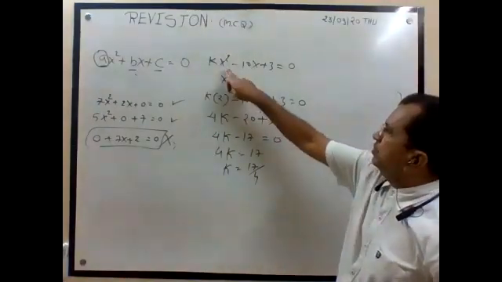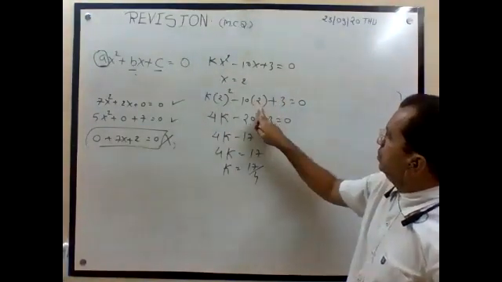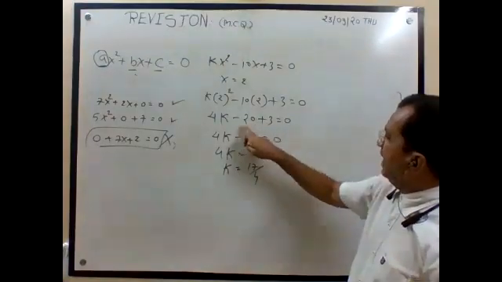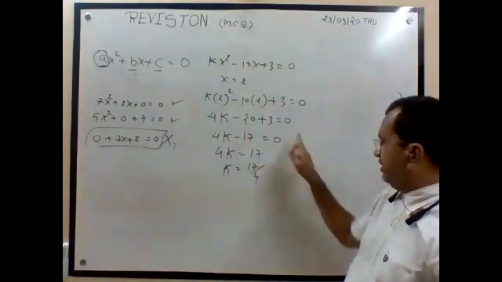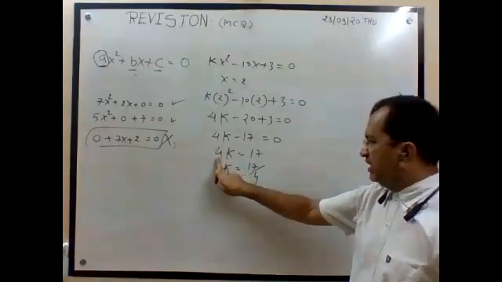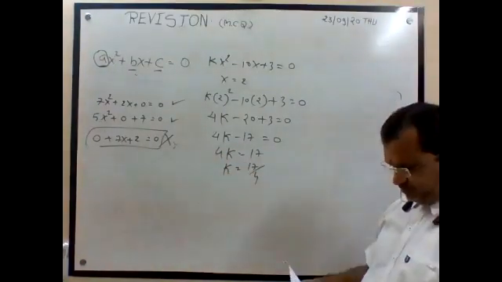Substitute, x is equal to 2. 2 tens are 20. 20 minus 20 plus 3, minus 17. Minus 17 this side, so plus 17. Multiply 4, divide 4.